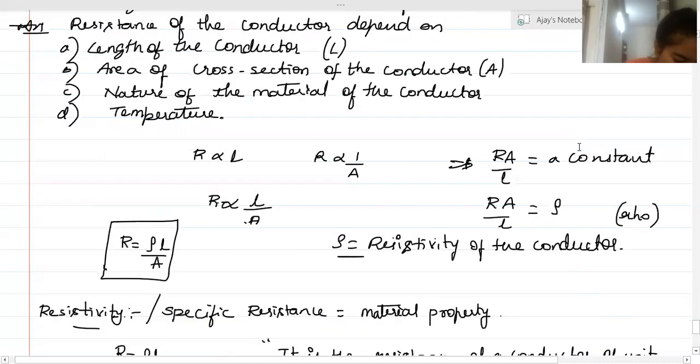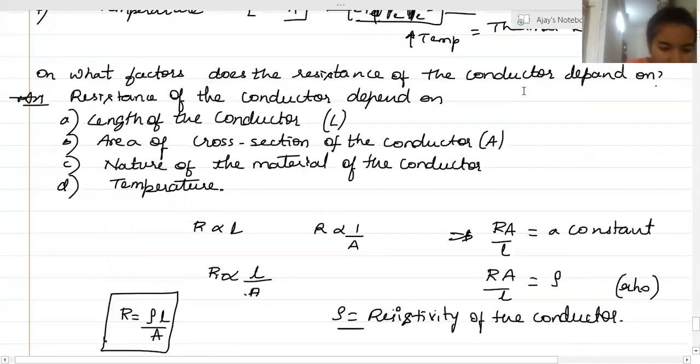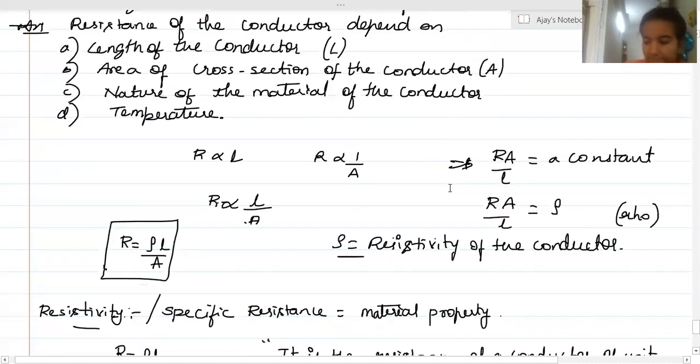And on what factors does the resistance of the conductor depend? Very important and compulsory question. A sure question. Understood? I'm going a bit slow because there are a lot of definitions. I could have completed this in 3 classes itself. But I'm going slow so that you do not end up in any confusions. Once this chapter is done, the basics will be done.